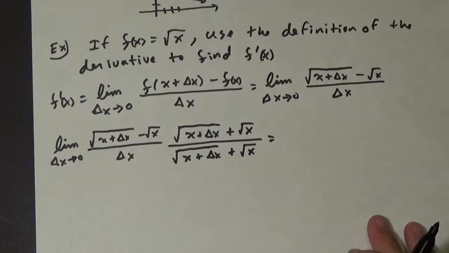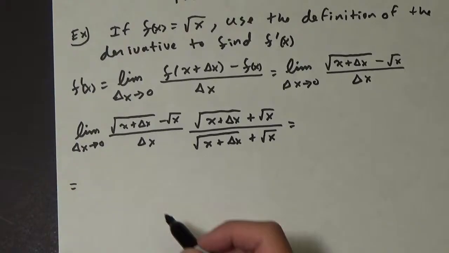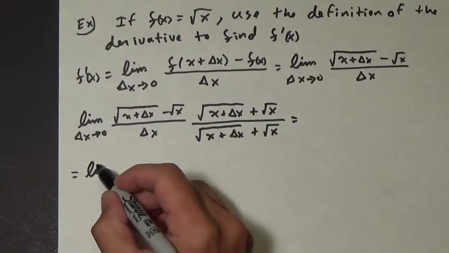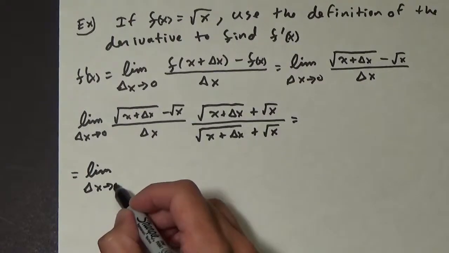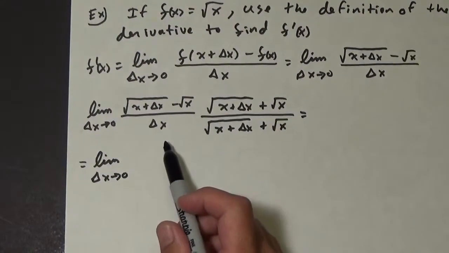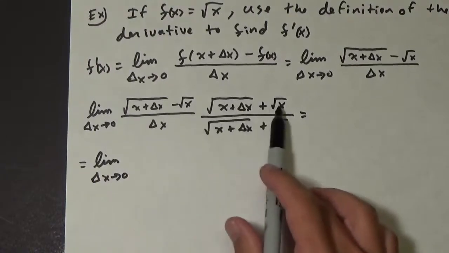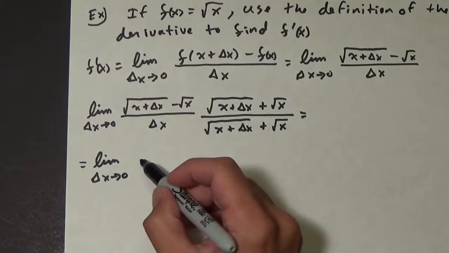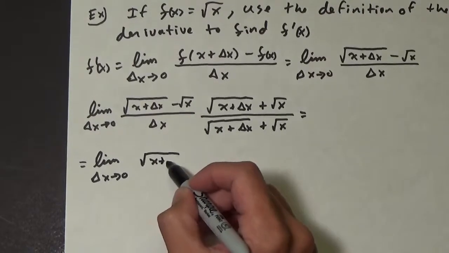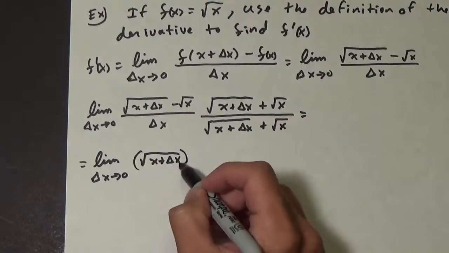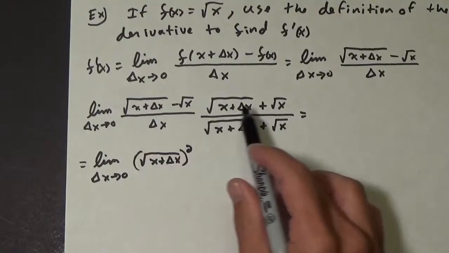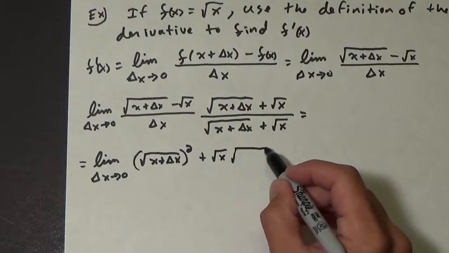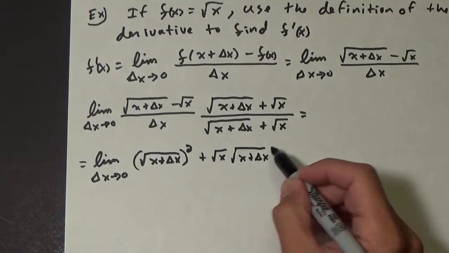Alright, so let's see what we have left. I'm actually going to go down here. This does get a little big. So we get the limit as delta x approaches 0. Alright, so these are two big binomials. So this times this becomes the square root of x plus delta x squared. This times this becomes plus the square root of x times the square root of x plus delta x.